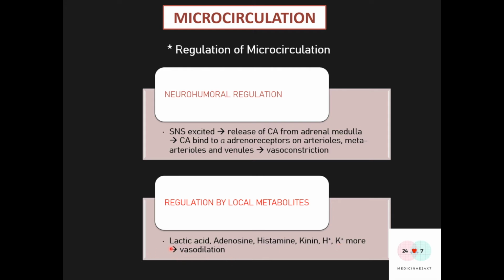which leads to vasodilation. Well, you may ask why lactic acid or histamine is causing vasodilation, but the catecholamines are causing vasoconstriction. Whenever there is inadequate oxygen supply, there are signs of hypoxia.